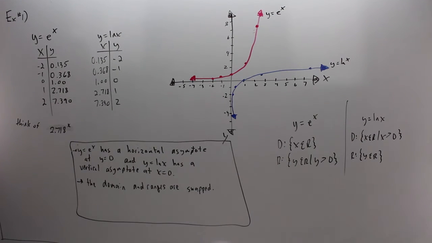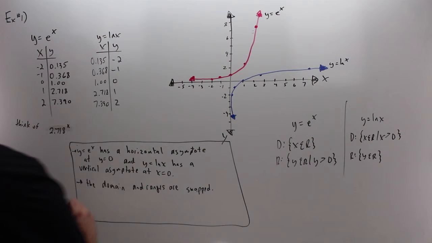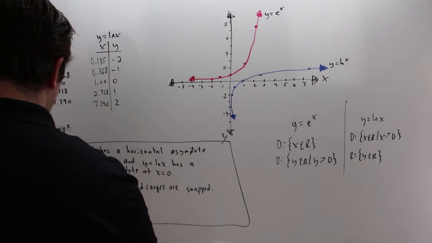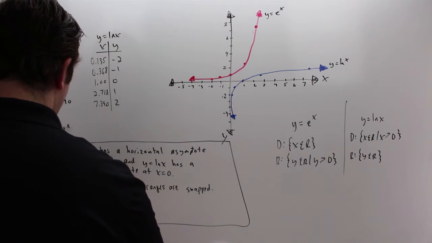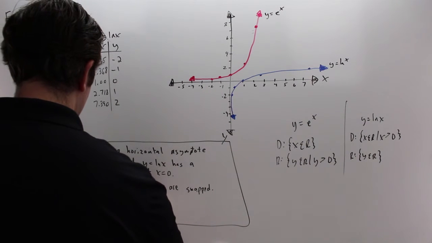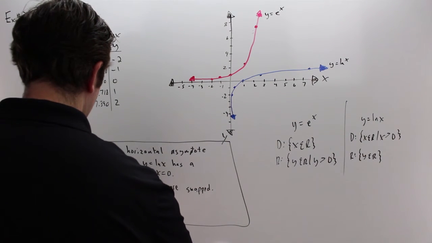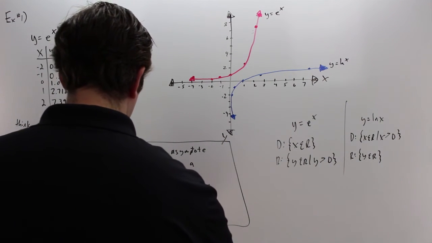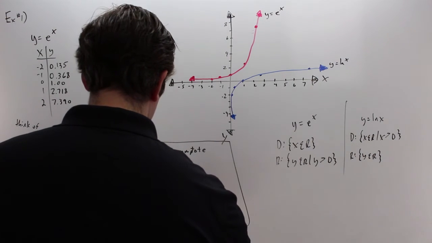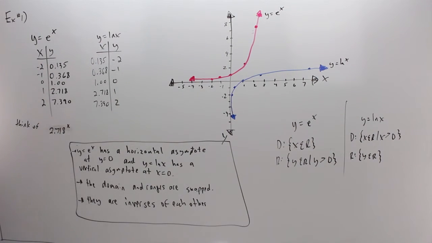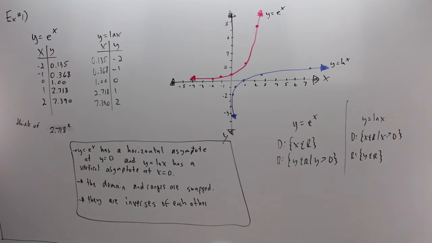What else can we note here? Any other interesting points? The key idea here is that they are inverses of each other. In other words, they undo each other.